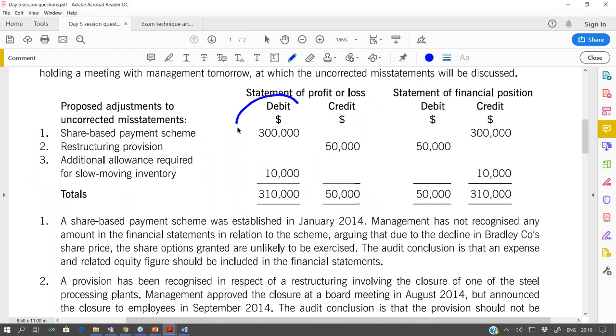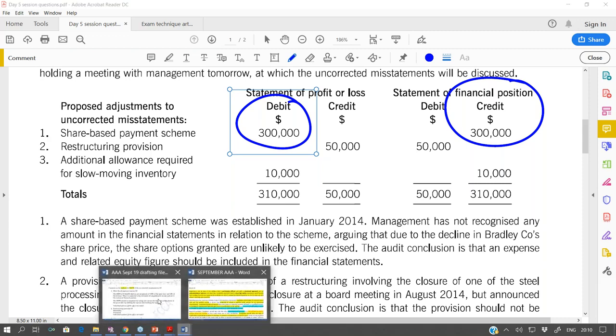You should debit the profit and loss account, which is the expense, and you should credit the financial position, which is basically the equity. So you're telling management what adjustment they should make, what they should debit and what they should credit. Has the management recognized the debit and credit? No, you're telling them that you should do this. And if they fail to do so, is it material? Yes, it's material. So finally, what will we do?